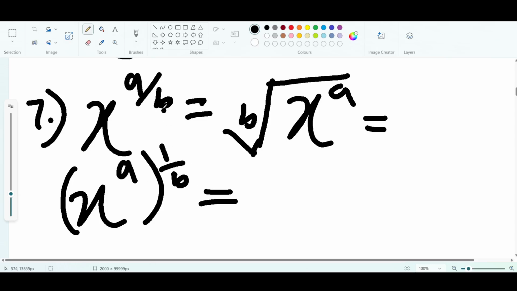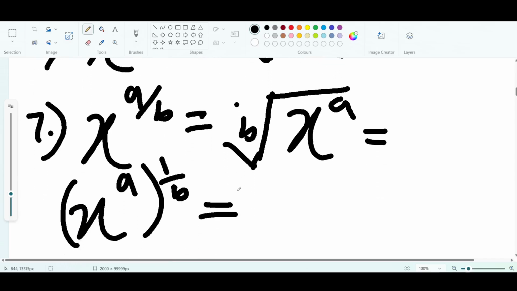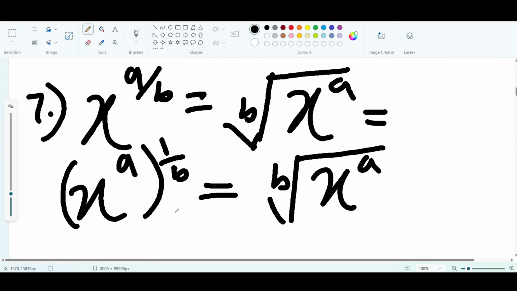You know, if we multiply this and this, we will come back to this. So if we have applied the fifth rule here, now if we apply the sixth rule, which is having x raised to power 1 over a, which is of course applying this, it becomes the ath root of x raised to power a.